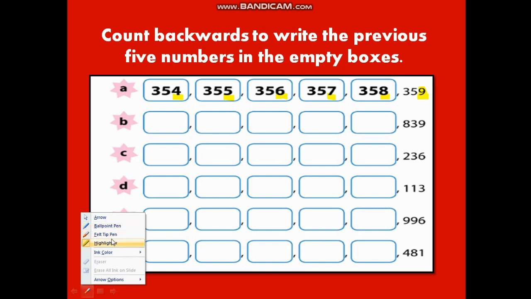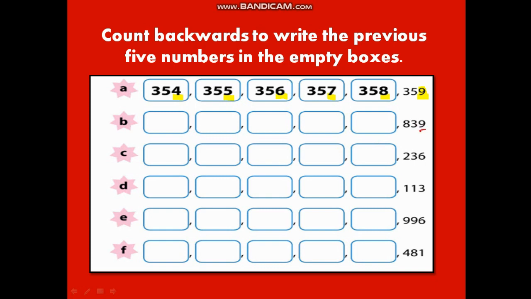Let us do another question. 839. Now see, 9 is here. So what will we write here? 838. What will be the number before? 837. Now you can see there is a change here at the ones place.